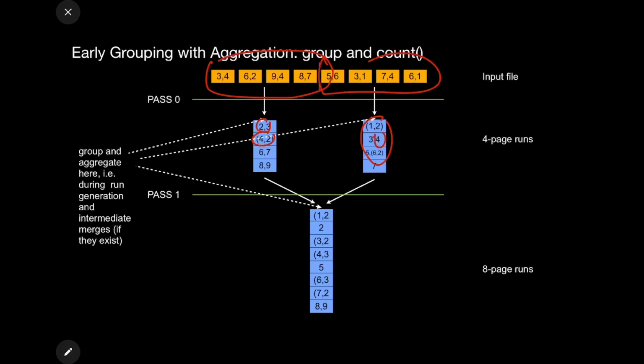I save some memory. Memory in what sense? Main memory or external memory? We save main memory, we save external memory. What else do we save?